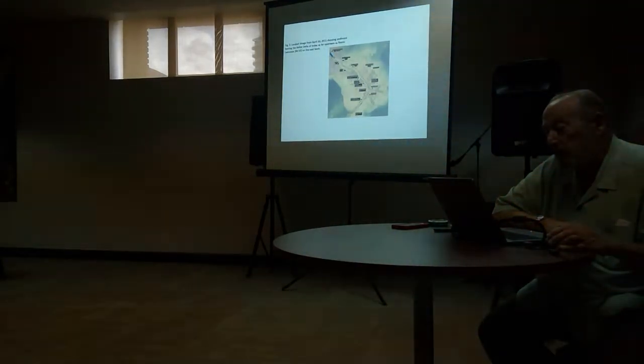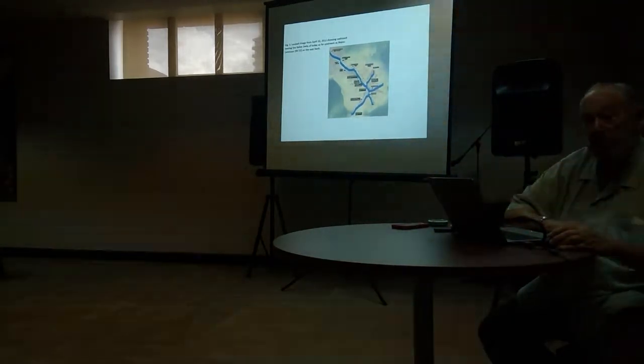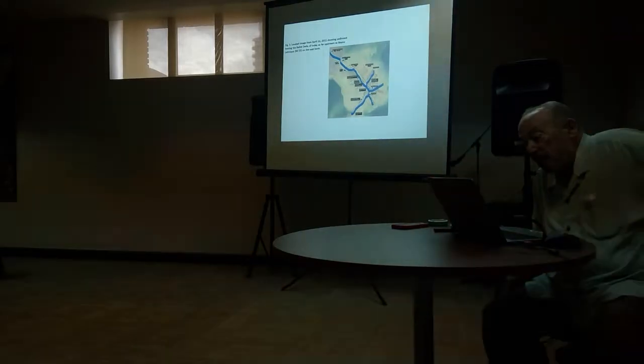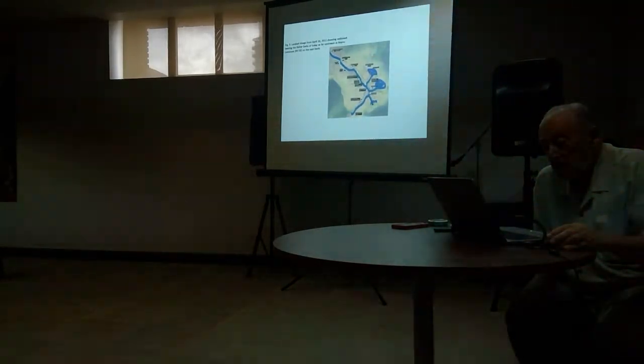Now, in order to understand how deltas form, like I said, a lot of work has been done on the modern Mississippi River. So here are the distributary channels and the main channel of the river. And that's where your sand's going to be. It's either going to be in the river or it's going to be down there, down there, down there.